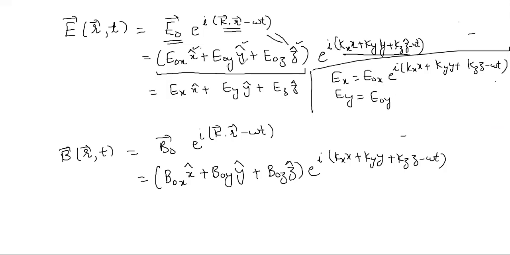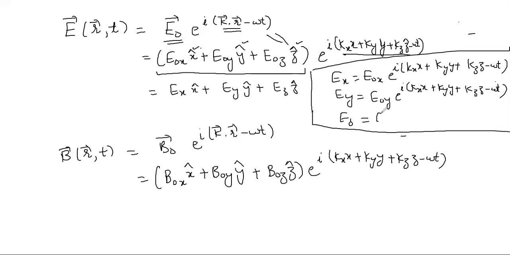If you take the unit vector along y, whatever terms remain, you put them together. And then you have EZ. Similarly, you can do the same for the magnetic field also.